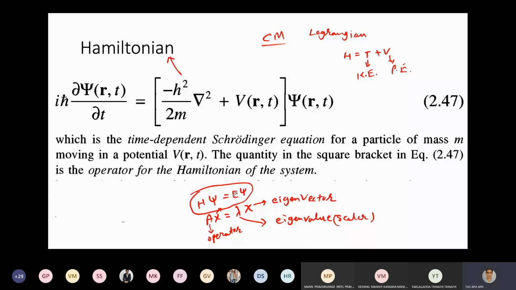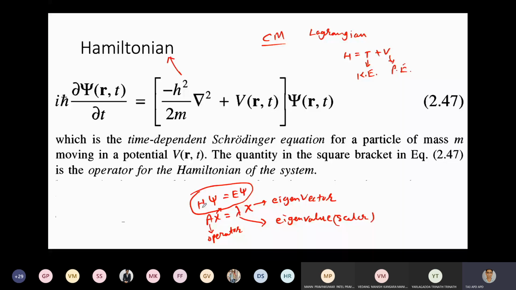This concept we will see in much more detail in later topics, how this actually works. I'm just expanding it a little bit over here, so that this is called the Hamiltonian of the system. In fact, if you try to solve any problem, like a particle in a box or a particle moving on a ring, for any problem you try to solve quantum mechanically, we use this equation H psi equal to E psi.